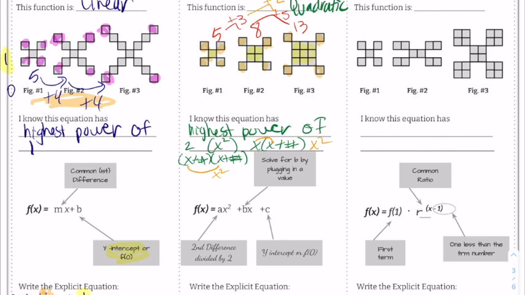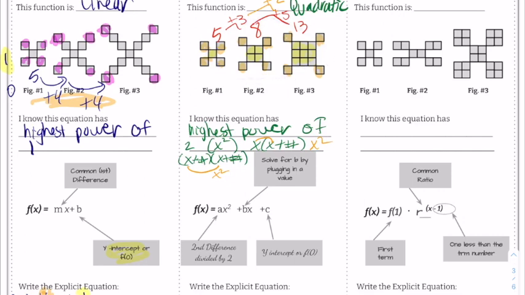Okay. So we also have the way that I have showed you, where you have ax squared plus bx plus c, where the a is the second difference divided by 2, the c is the y-intercept or f of 0, and then the b is something that you have to solve for after you've found your, or using the values that you have either in a table or a diagram or whatever.